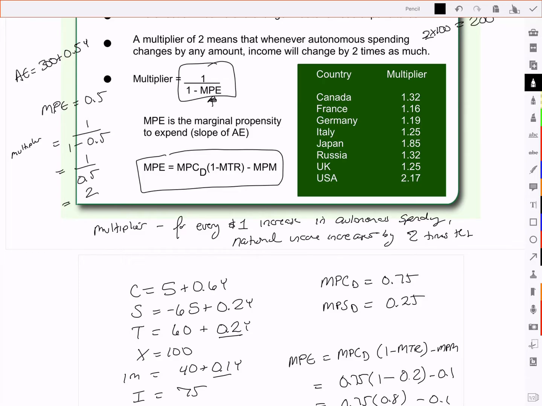So government spending stimulates the economy with $100, and national income increases 2 times that, $200 worth of growth in the economy.